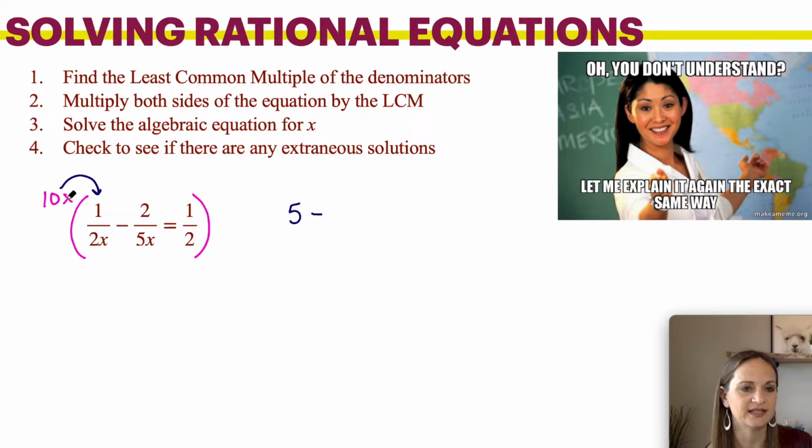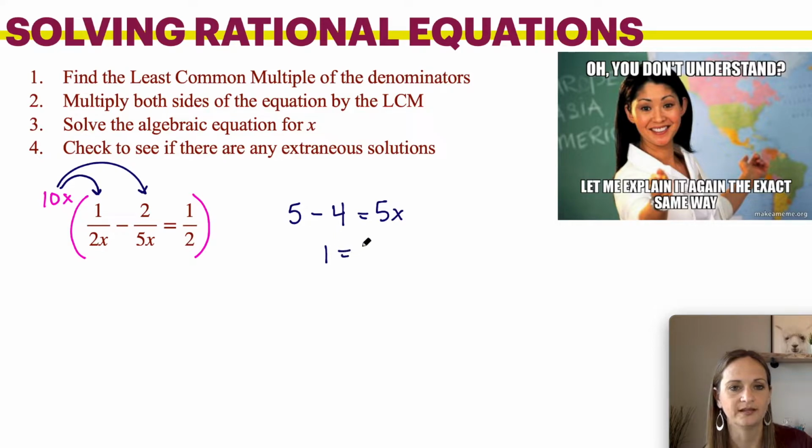This x and this x cancel, and 5 goes into 10 twice, so 2 times 2 gives you 4. This 2 goes into 10 5 times. There was no x to cancel, so you're left with 5x. 5 minus 4 is 1. And to solve for x, you divide both sides by 5. So x equals 1/5.